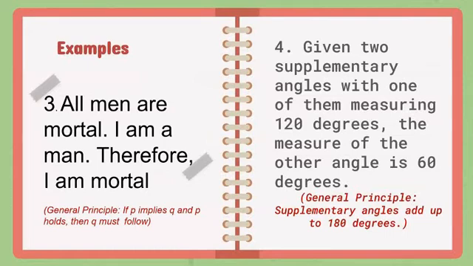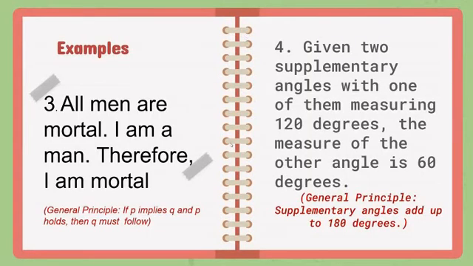What is the measure of angle B? It says here, the measure of the other angle is 60 degrees. Where does that come from? Yung general assumption. Yung theorem na supplementary angles add up to 180 degrees. Meaning to say, if two angles are supplementary, the sum of the angles is 180.